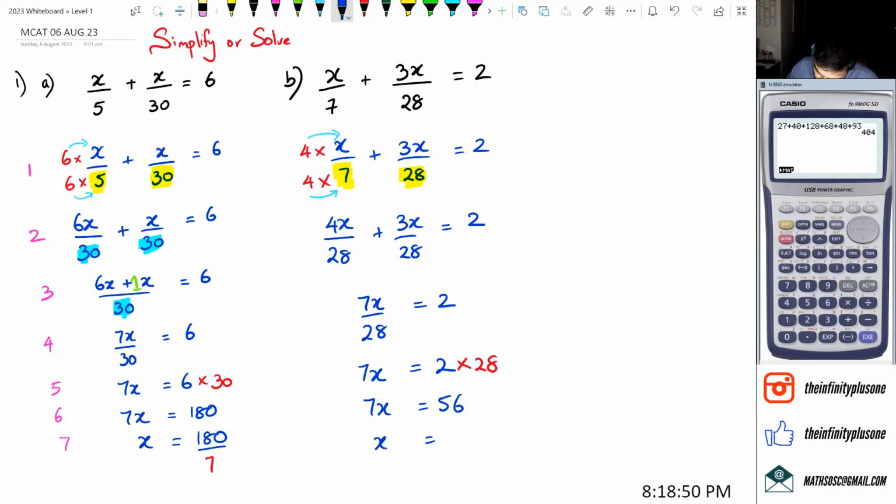And then x is equal to 56 divided by 7. And so my answer is x equals 8. I get this really weird feeling that I've done something wrong here. 16, 32, 32 plus 24, 56. Oh yeah, that's fine.